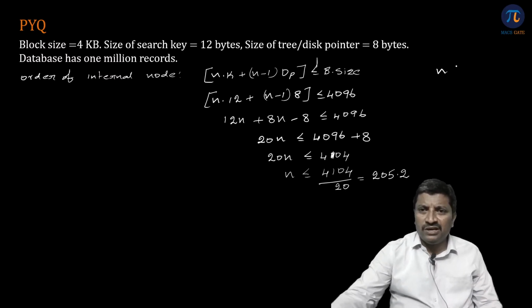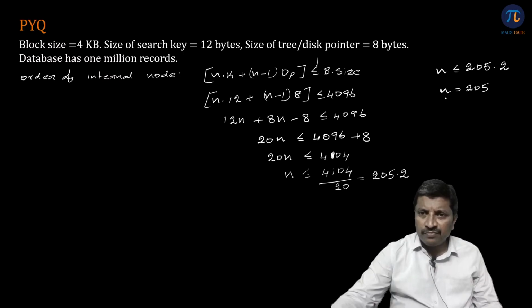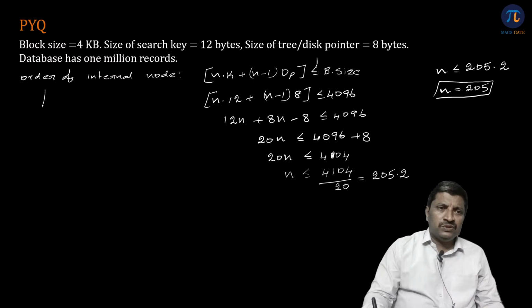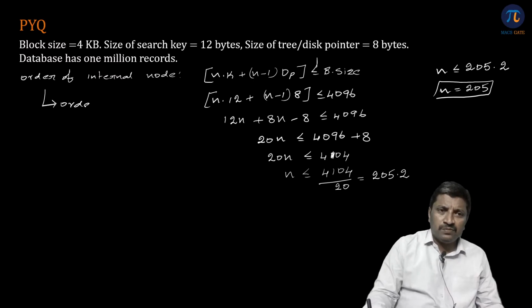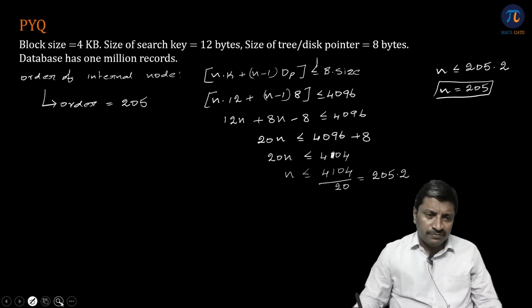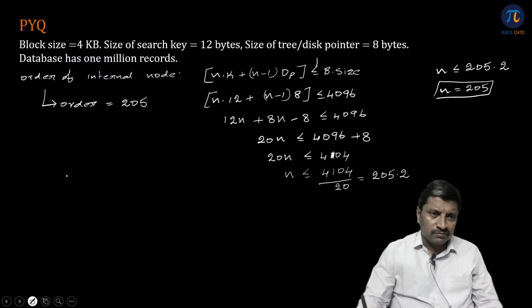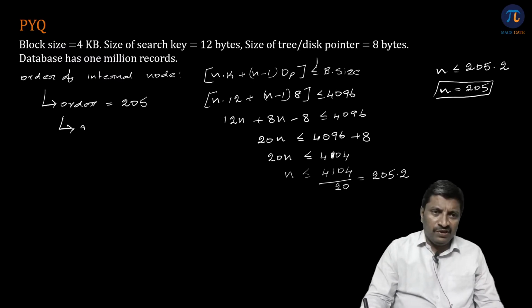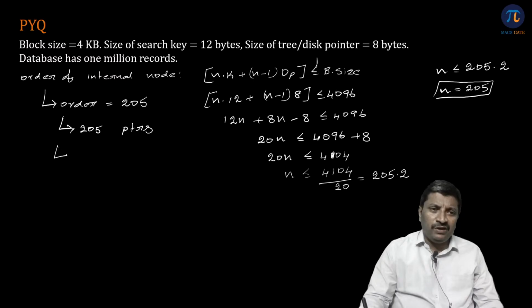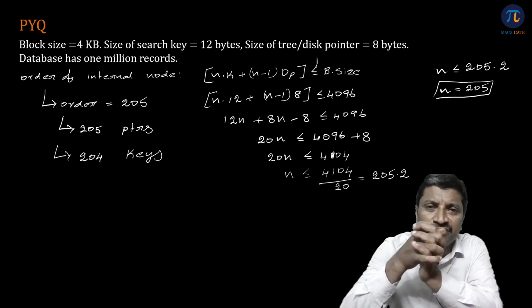So what do you have, sir? n less than or equal to 205.2. So n is 205. So the order of the internal node is 205. Sir, what is the meaning of order? We have 205 pointers. What does it mean? You will have 204 keys. 205 pointers and 204 keys.